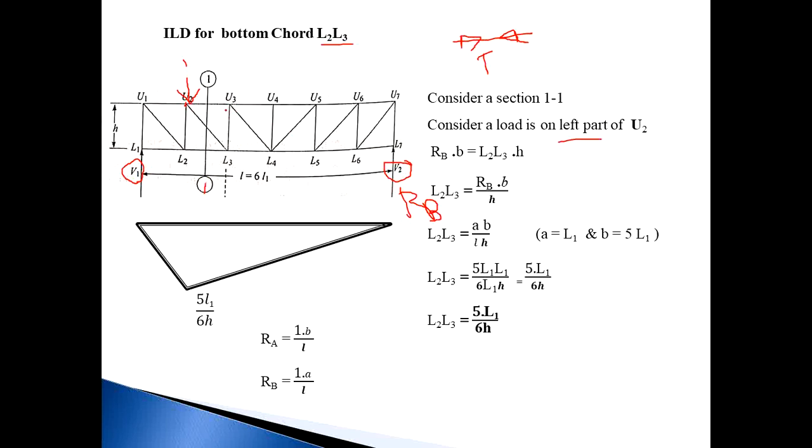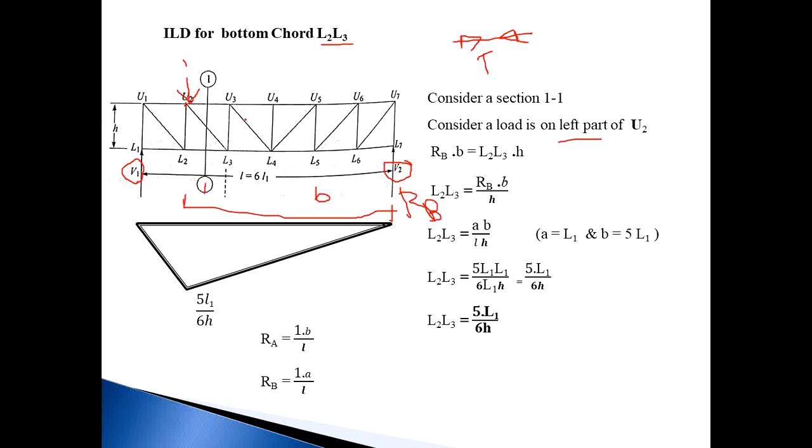With respect to U2, the direction of the moment for RB is anti-clockwise, the force is RB and the perpendicular distance is B. So RB into B, that is L2 to L7. Now this is the anti-clockwise moment.